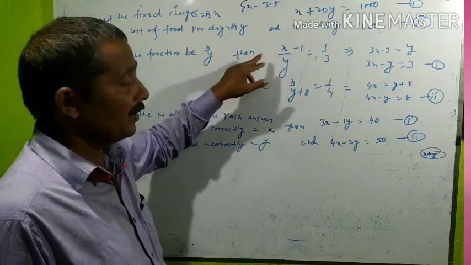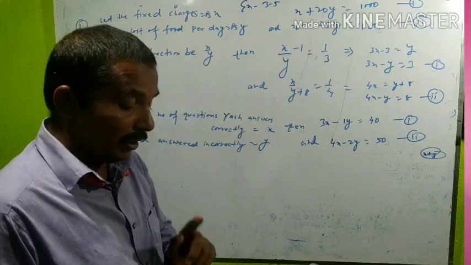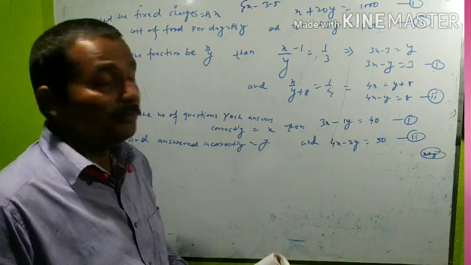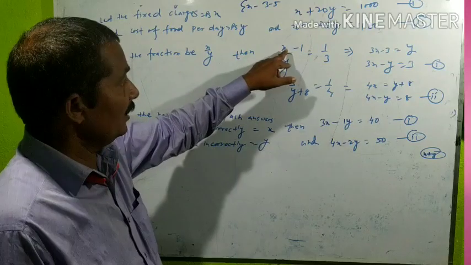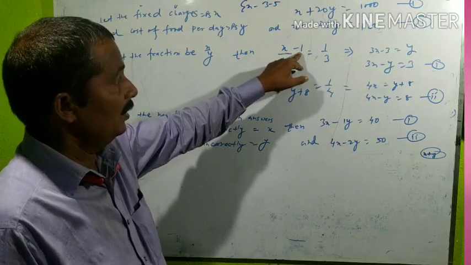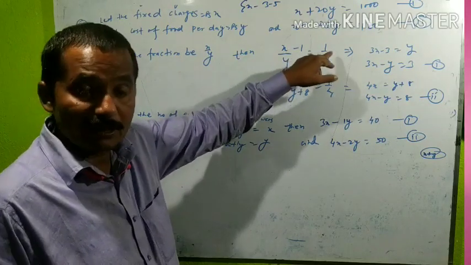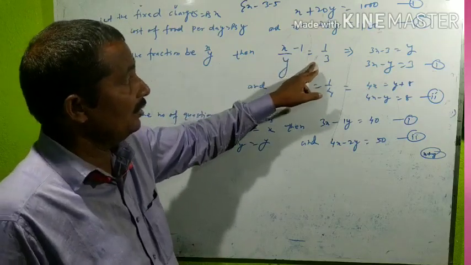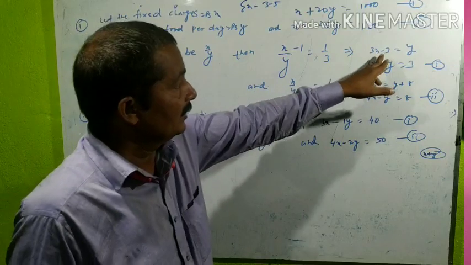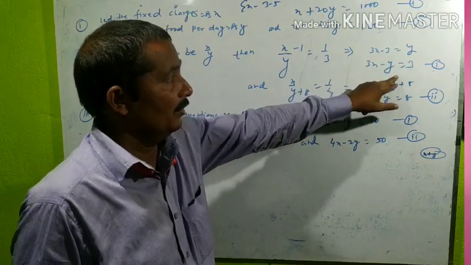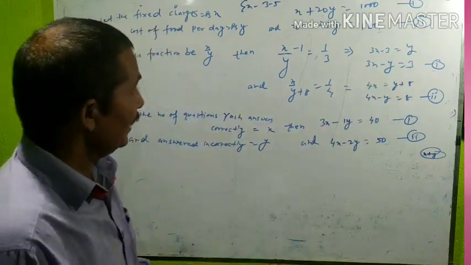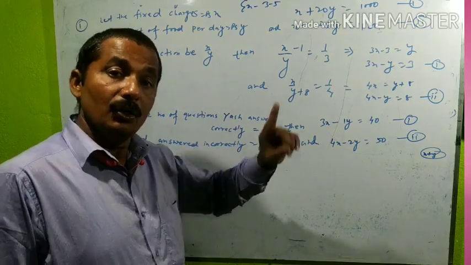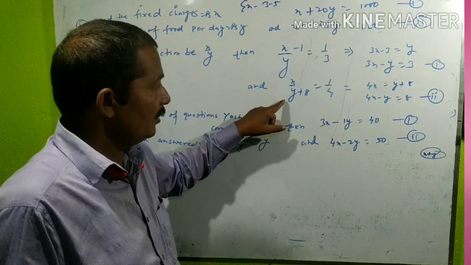According to the question, as per the condition, if 1 is subtracted from the numerator, X minus 1 by Y is equal to 1 by 3. Then I have done cross multiplication here, and this is the equation. And the second condition is, if 8 is added to the denominator, what is the denominator here?